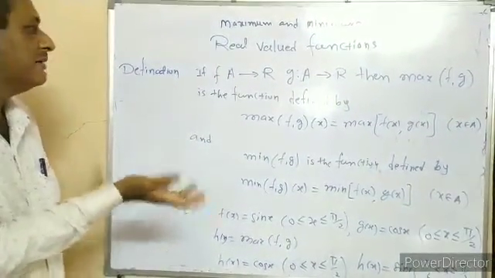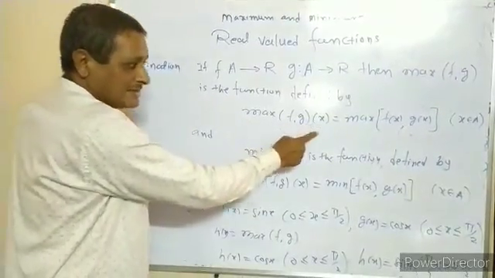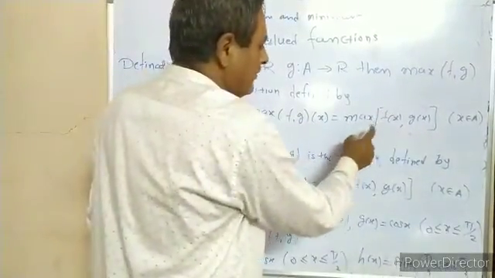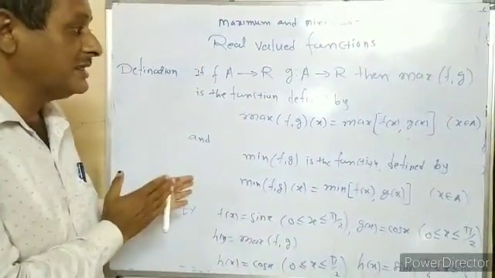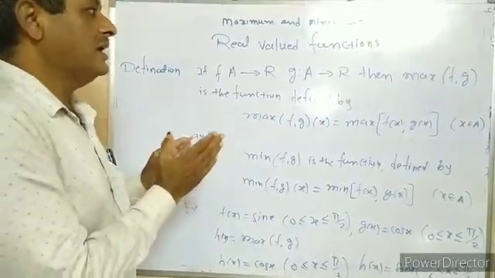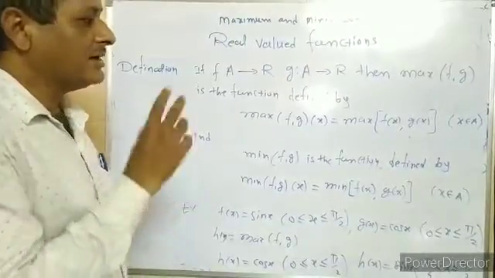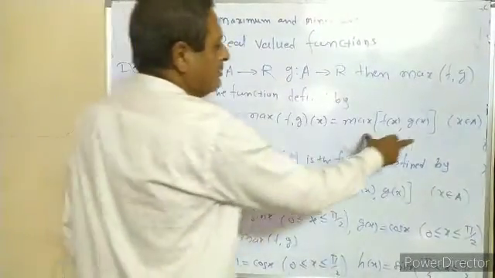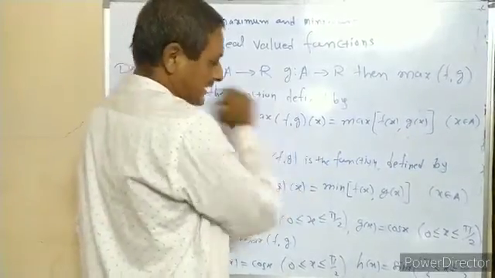Max means maximum, and it is defined this way: max(f, g) at x will be equal to the maximum of the value of the first function f at x and the value of the function g at x, and whichever is the maximum will be the image of this function at x.